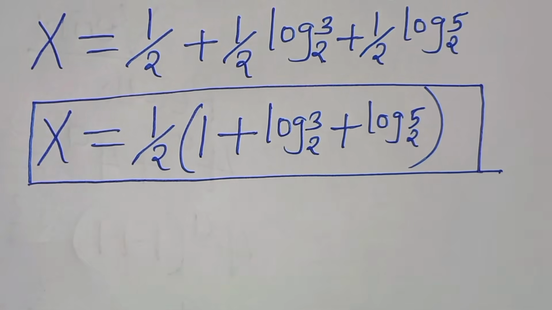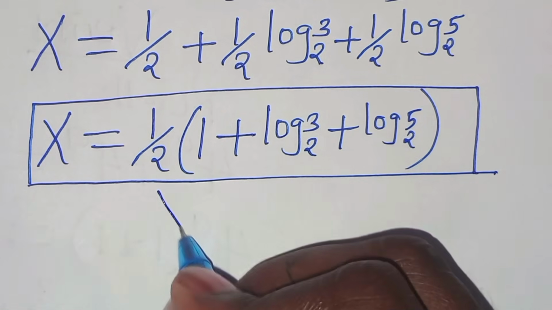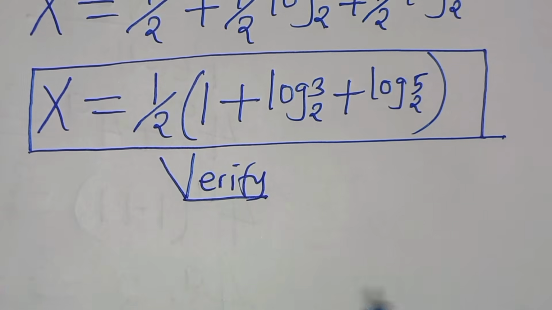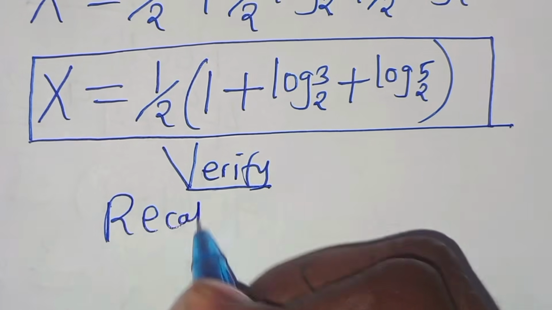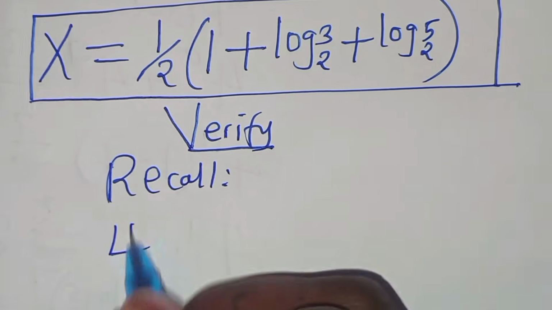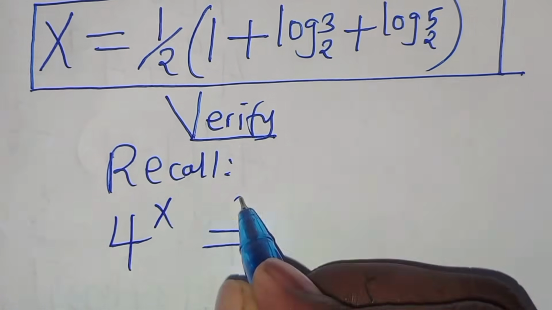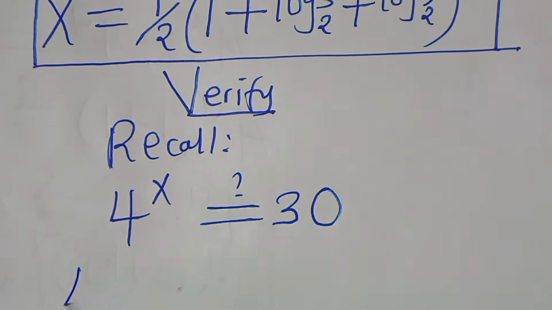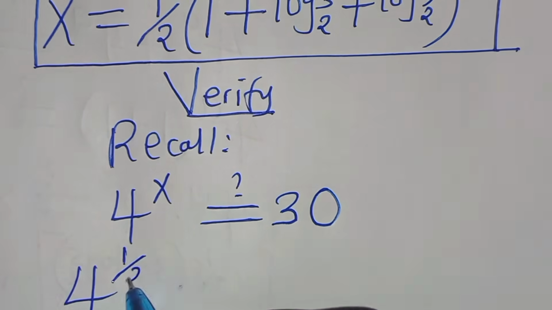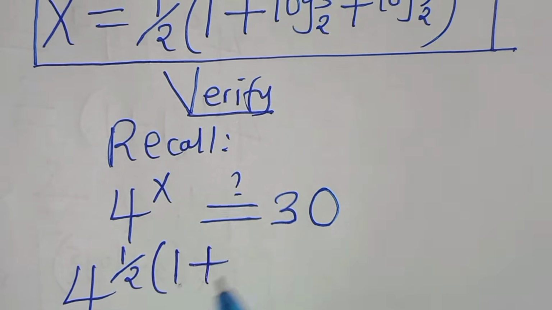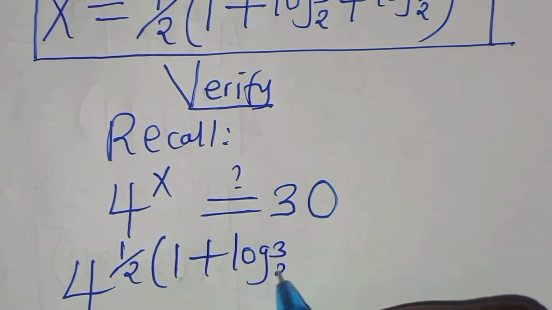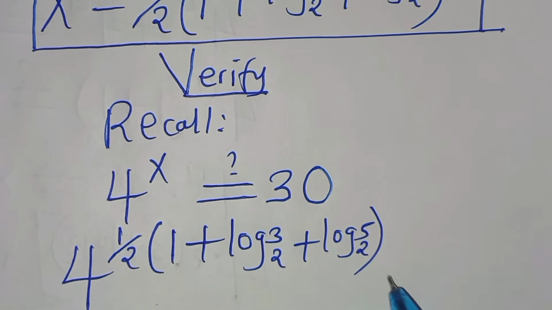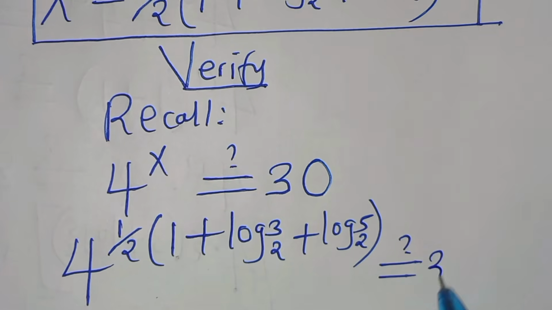Now, the next step is to verify if this value of x satisfies the equation. If you recall, 4 to the power of x is supposed to give us a value of 30. So let's substitute x here, so that we have 4 to the power of a half into the parentheses, 1 plus log 3 to base 2, plus log 5 to base 2, which is supposed to give us a value of 30.